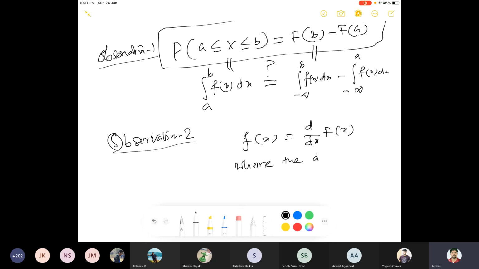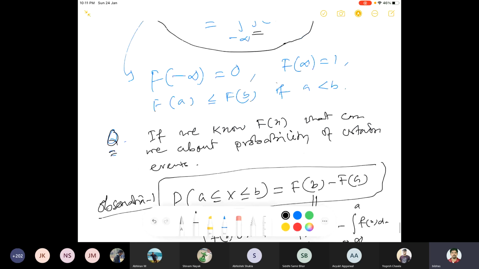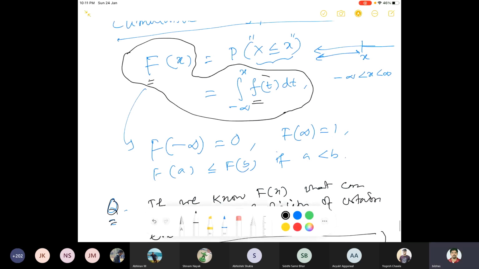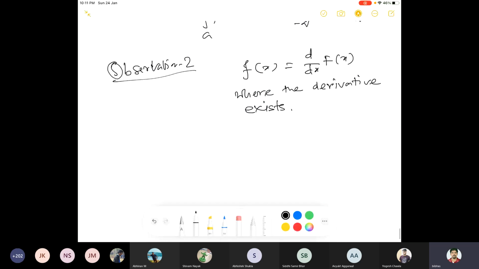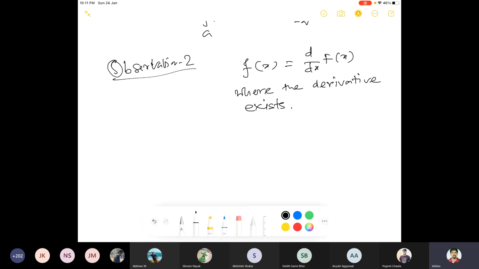In most cases the derivative exists, and we will assume that. So here is the mapping from capital F to small f, and earlier we had defined capital F from small f.